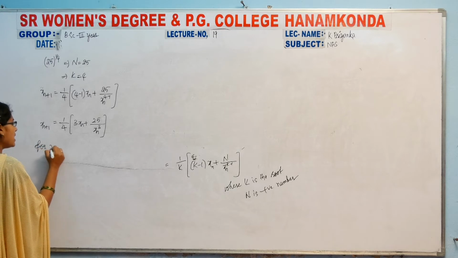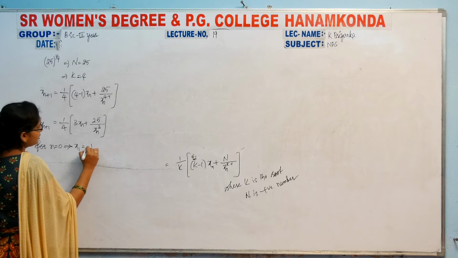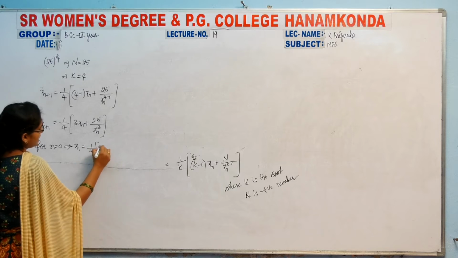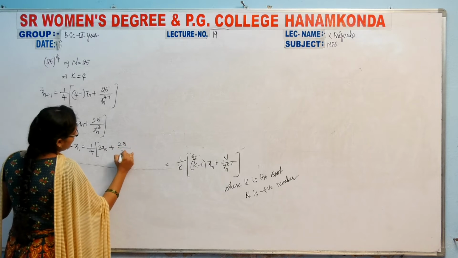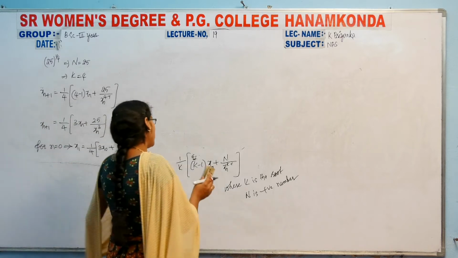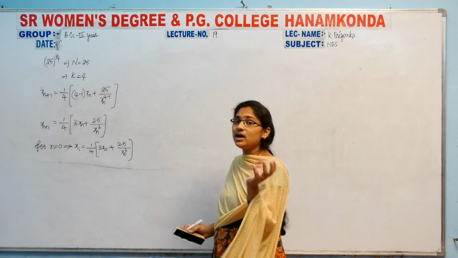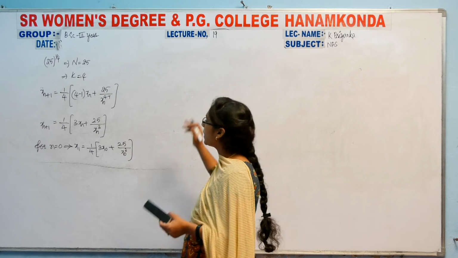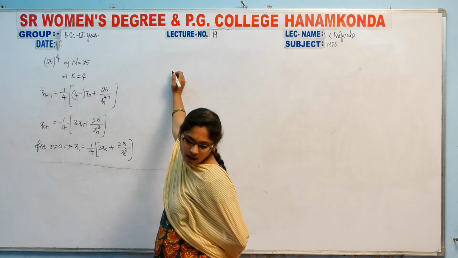Now for n equal to 0, then what we get? x1 equal to 1 by 4 of (3x0 plus 25 by x0 whole cube). We have to know the value of x0. That means we have to find where the root value will lie. Now what is the function? 25 whole to the power of 1 by 4.